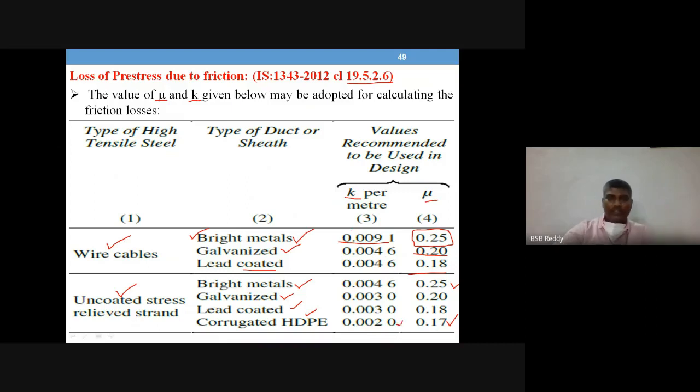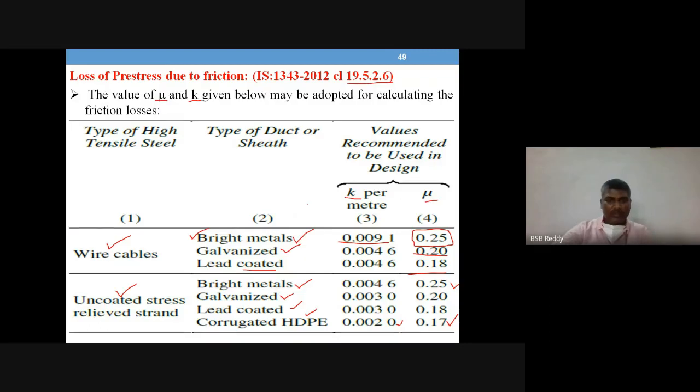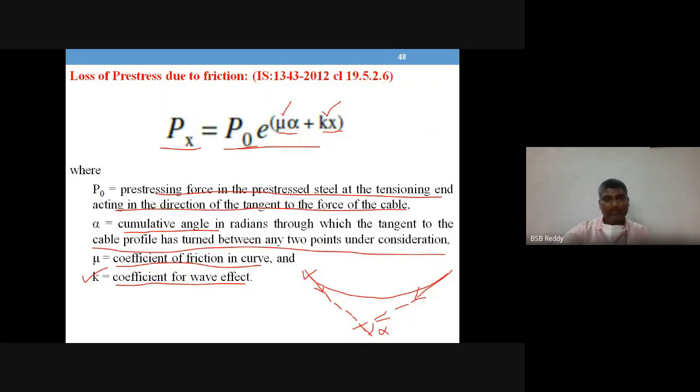So these are the values to be taken straight away from the IS code if they are not given in the problem. So this is how, in a simple way, you can measure the frictional loss, meaning the effective pre-stressing force after loss. This is the effective pre-stressing force. So the initial value is P naught, and the final value is Px.